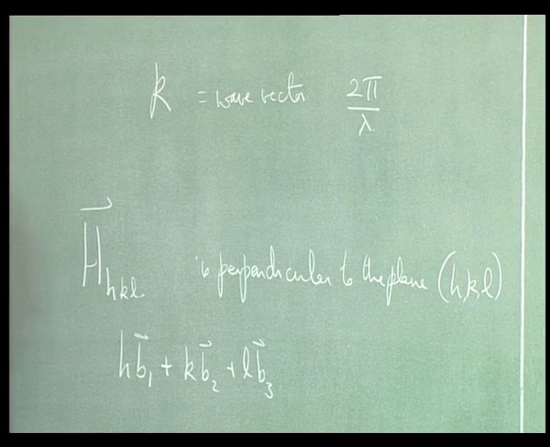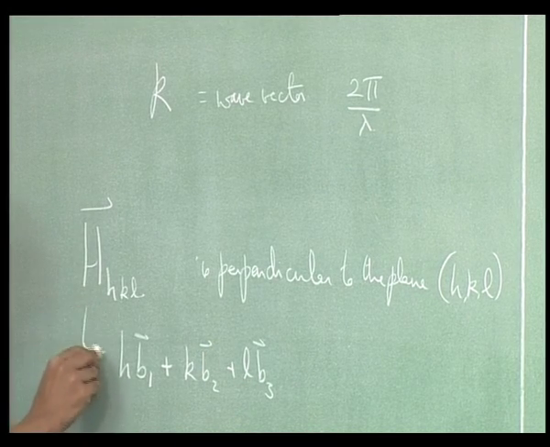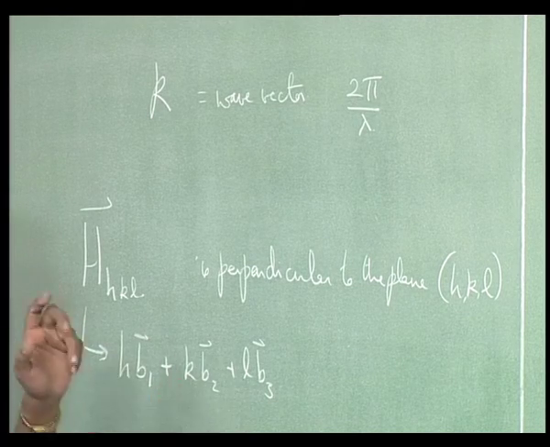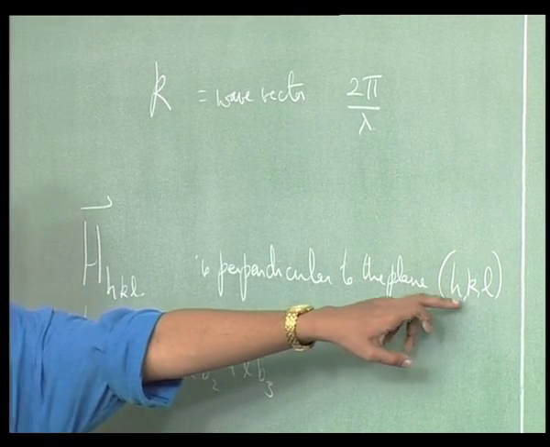Okay. So this is what the H_hkl is, and this vector is going to be perpendicular to the HKL plane in real space.